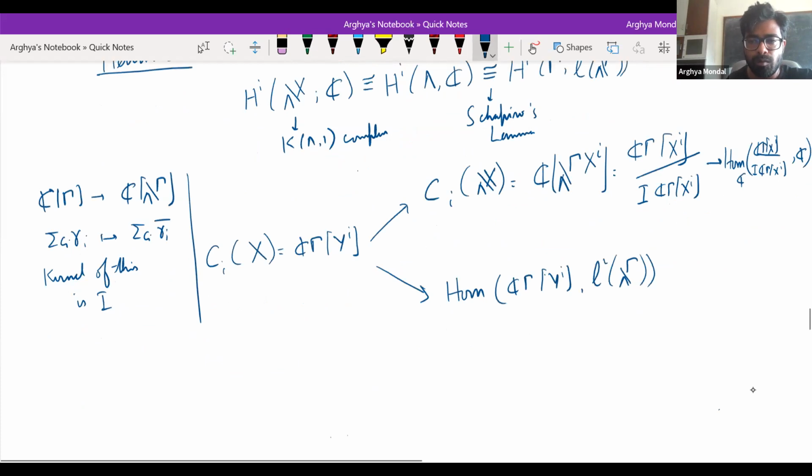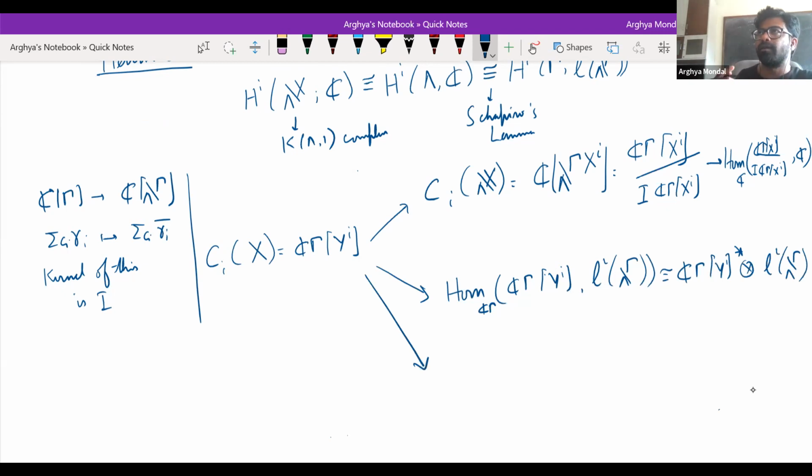But this is isomorphic because of all its finiteness conditions. This functor is the same as the tensor product functor, and the tensor product functor you can show can be written as a composition of two functors, which is C gamma.